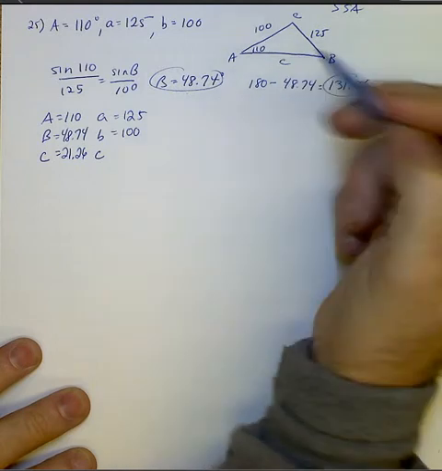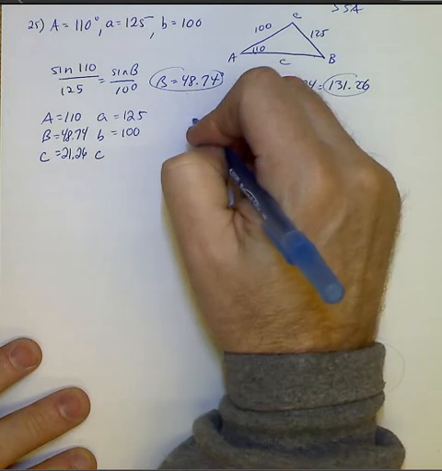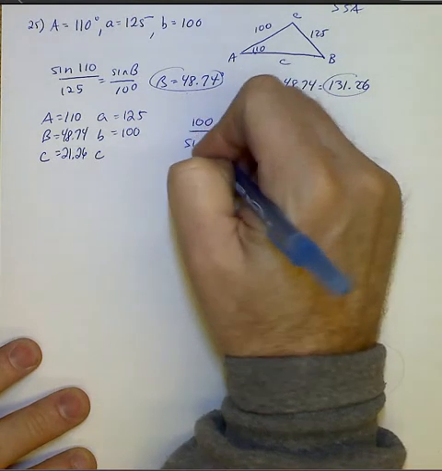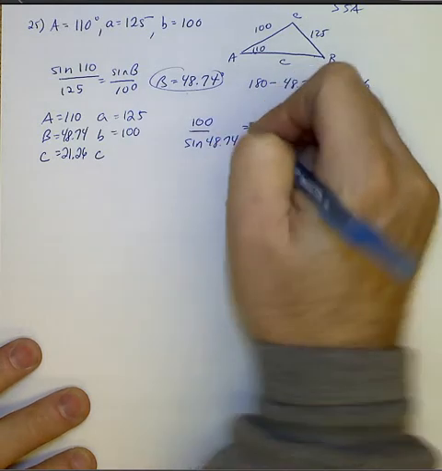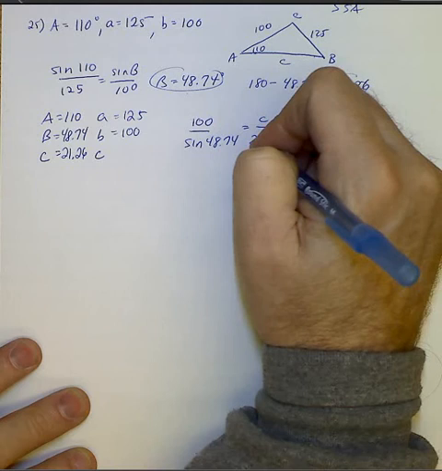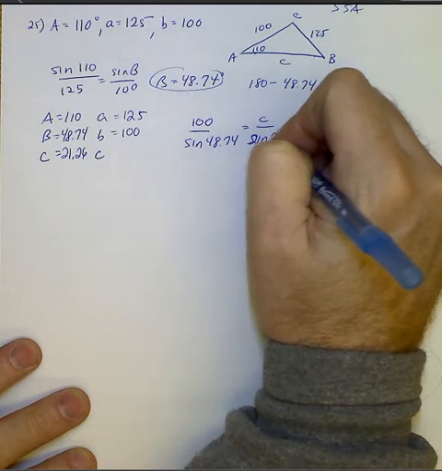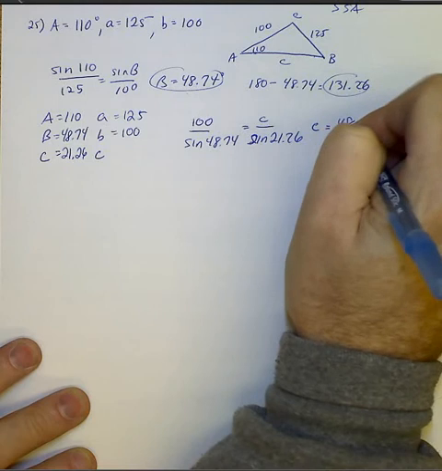So we can use any of the A's or the B's to do that. We'll use B. We'll do 100 over the sine of 48.74 equals side C over the sine of angle C. And when you solve for little c, you get 48.23.